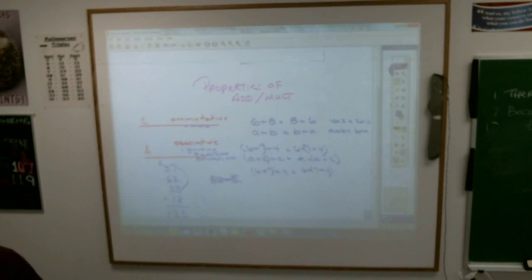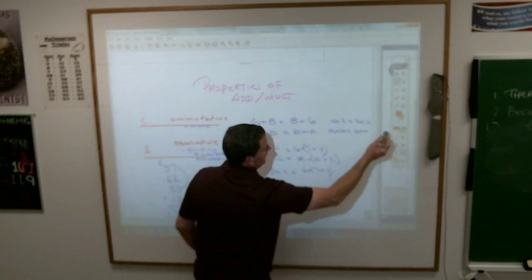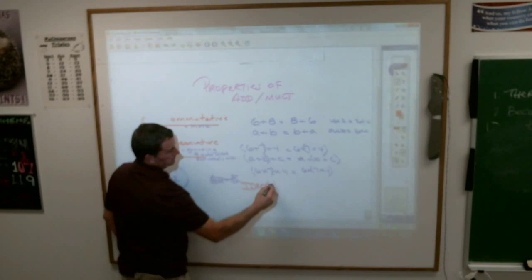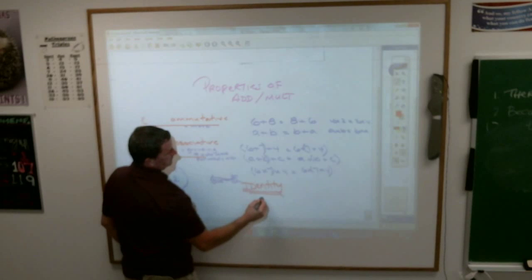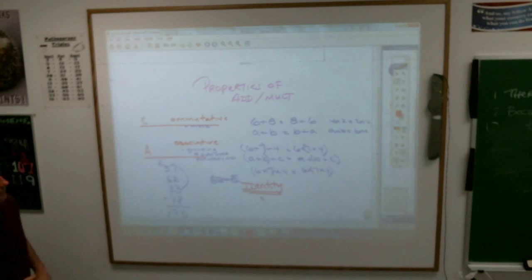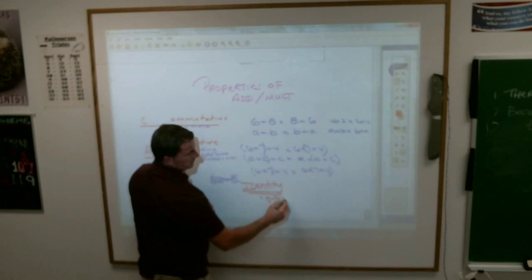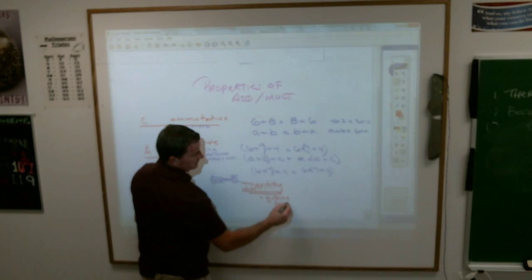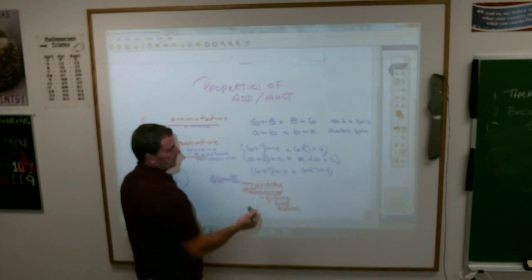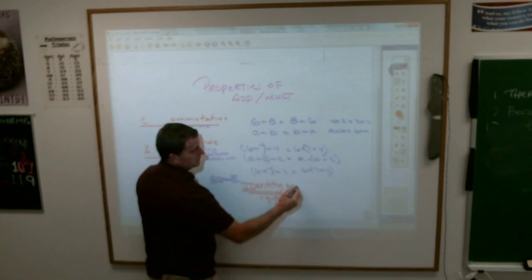A couple other ones that we don't see very often. Do I have enough room to do them here? Sure. The identity property. When you think of the word identity, just think of getting the same answer you started with. You have to be careful with this because there's a different one for addition and multiplication.